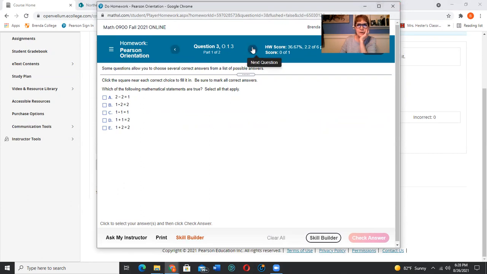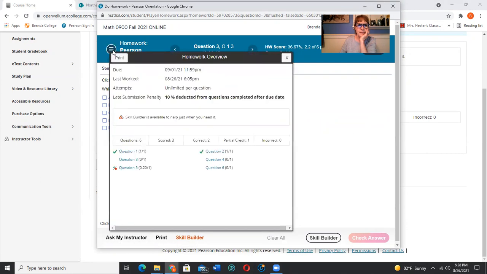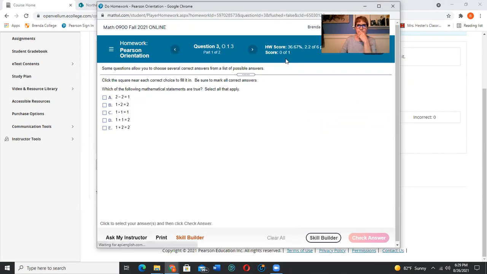You see these arrows here, you can go next question, or you can go to here and do an overview and go to the questions there. If you do the overview, just go to a question you want to work on. The nice thing about the overview is it tells you questions that you still need to complete. This question 5 is not done. All right. Good deal.